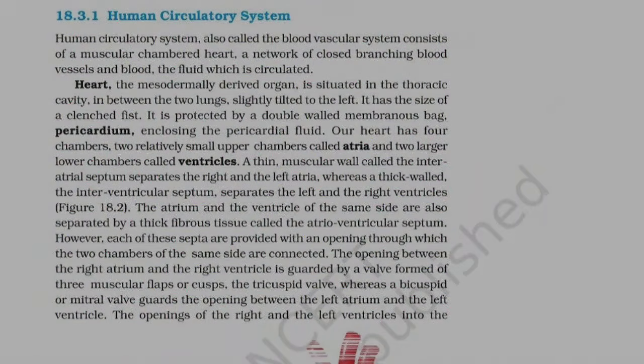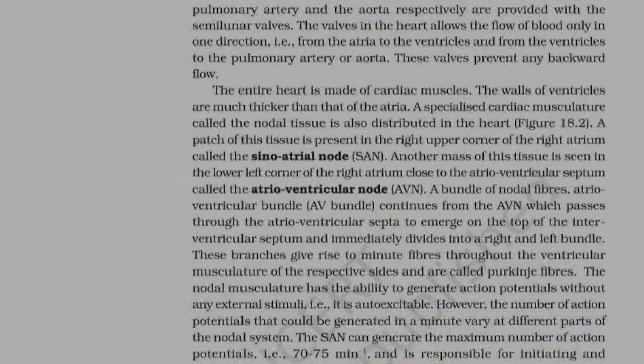The openings of the right and the left ventricles into the pulmonary artery and the aorta, respectively, are provided with the semilunar valves. The valves in the heart allow the flow of blood only in one direction, that is, from the atria to the ventricles, and from the ventricles to the pulmonary artery or aorta. These valves prevent any backward flow.